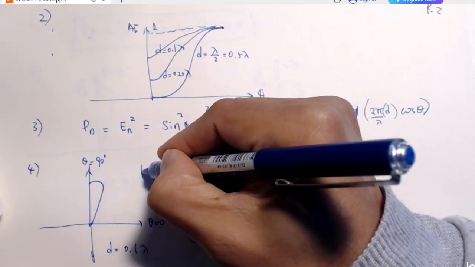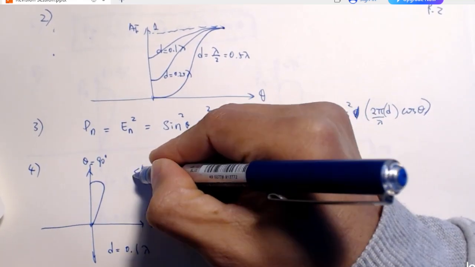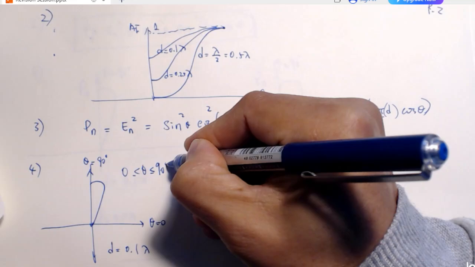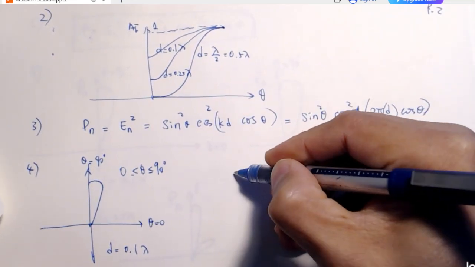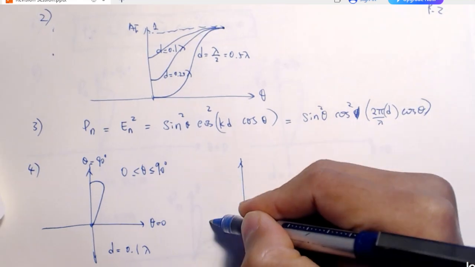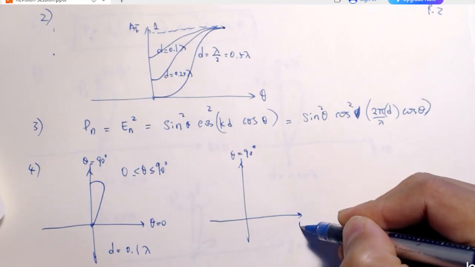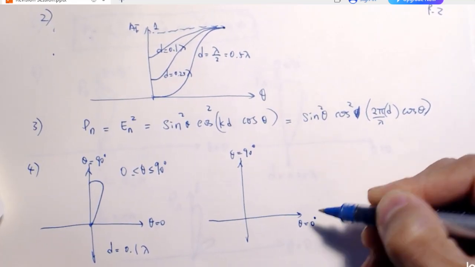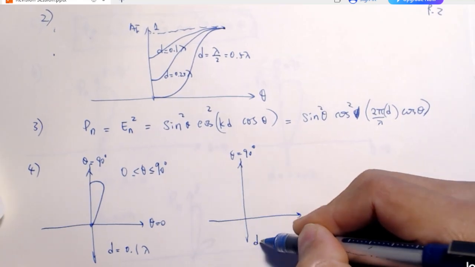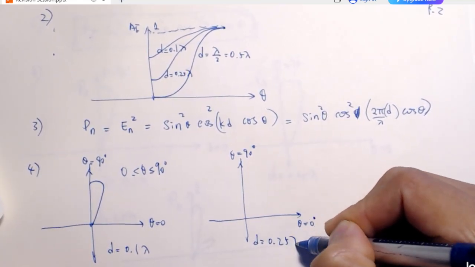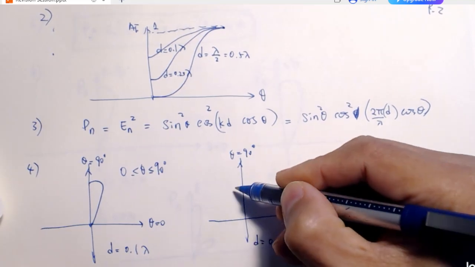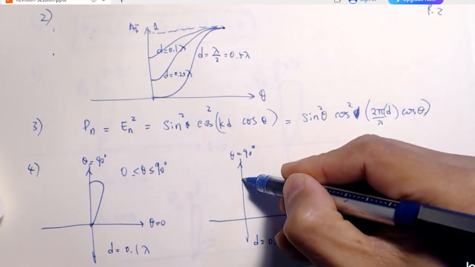Remember, theta is... and if t is pi lambda, then what we are going to expect is similar.